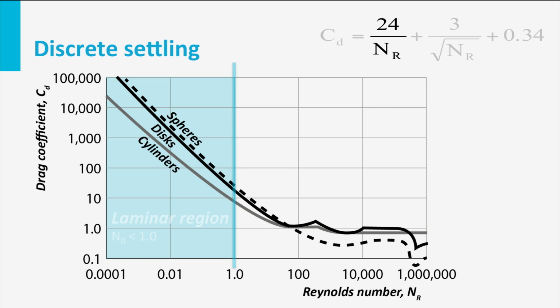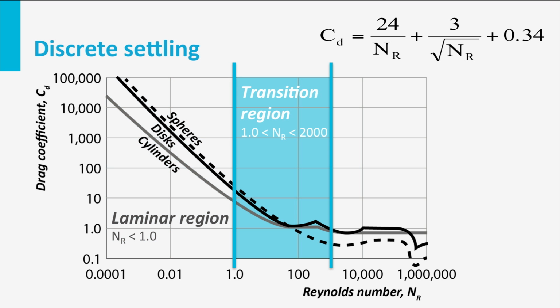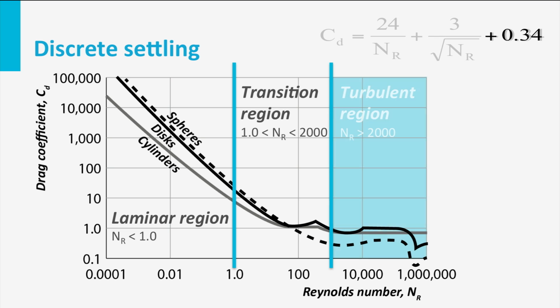At low Reynolds number, only the first term of the equation determines the outcome. In the transition area, with Reynolds numbers between 1 and 2000, the drag coefficient should be calculated using the full three-term equation. At very high Reynolds number, larger than 2000, turbulence is not further impacting the drag force, which is then fixed as 0.34.